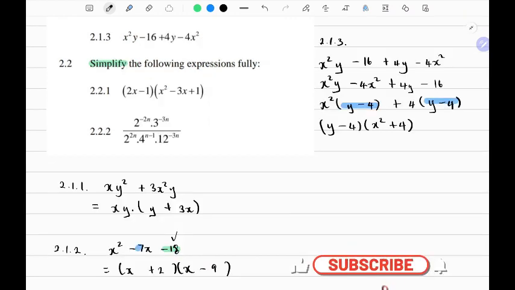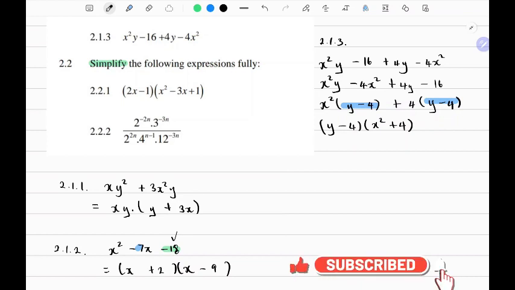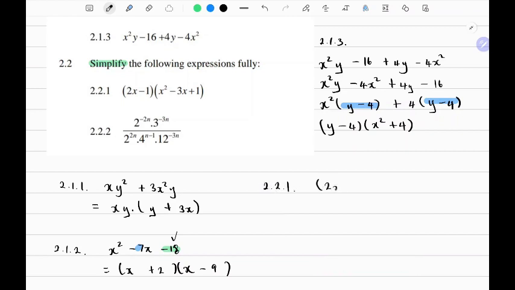So moving on to 2.2, it says simplify the following expressions fully. So for the first one, we have 2.2.1. Basically all that we need to do is just expand the expression, because it's given as factors.